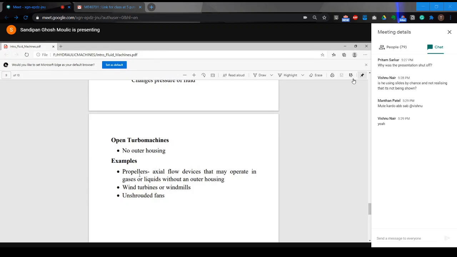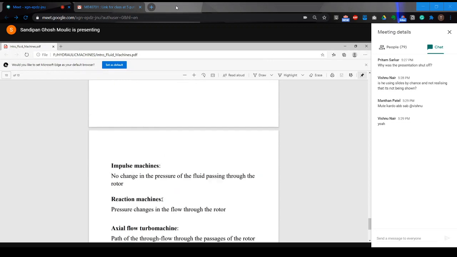Or you may have a propeller, which is an axial flow device. It may operate without an outer housing. Or you may have unshrouded fans, for example the ceiling fan that you see. It does not have any cover on either side. It's open, and the fluid around the fan extends to the entire room.